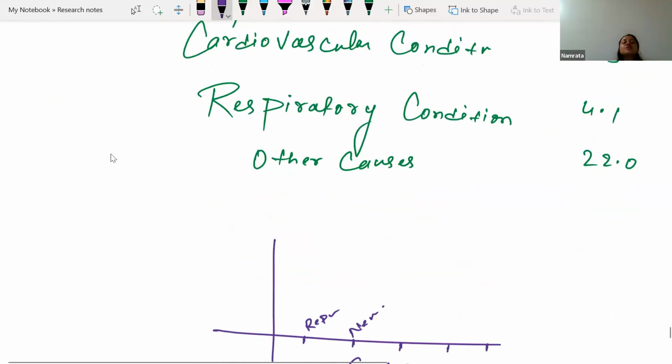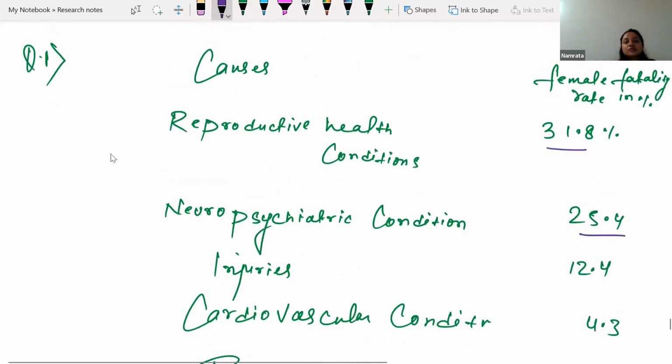So all the names of the diseases we will write, and on the y-axis we will write the numbers, and then we just have to make the graph, and that way we will end up getting just a single bar graph, right? Yes. This was a very basic question.